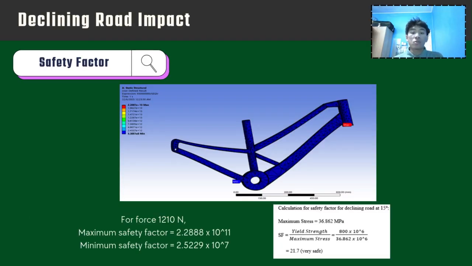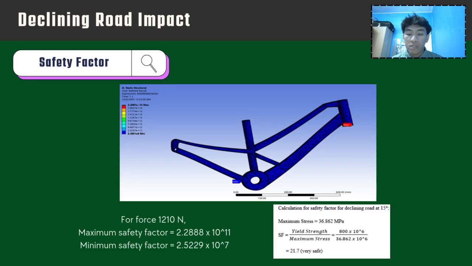And for the safety factor for the declining road impact, for a force equal to 1010 Newton, the maximum safety factor is 2.2888 times 10 to the power of 11, while the minimum safety factor is 2.5229 times 10 to the power of 7.